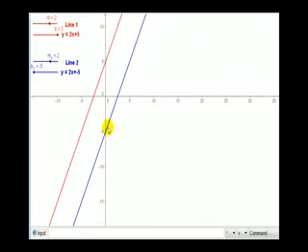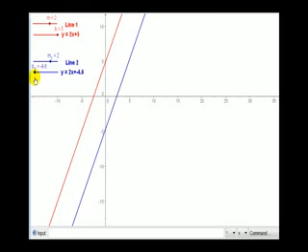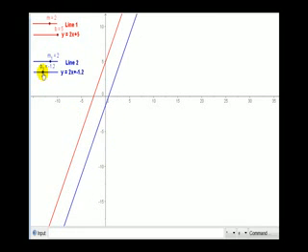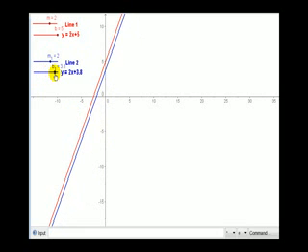So if the slopes are the same, the two lines will be parallel except for one case. Notice if we change the y-intercept of the blue line, it continues to be parallel to the red line except in one case. If the y-intercepts happen to be the same and the slopes are the same, of course that would be the same line, which has an infinite number of intersection points.